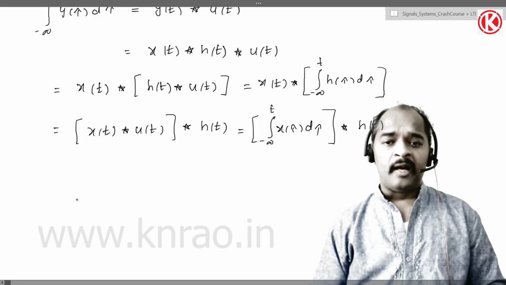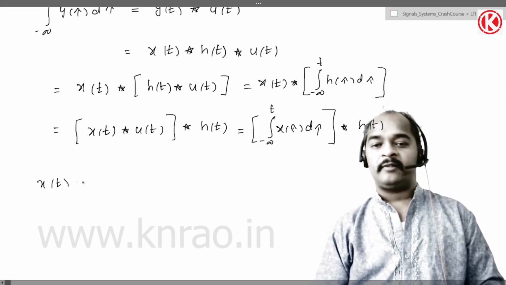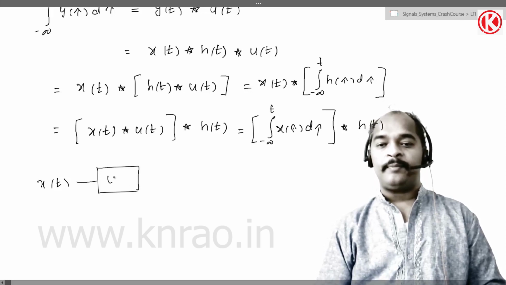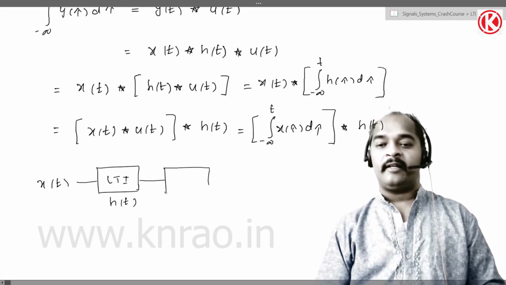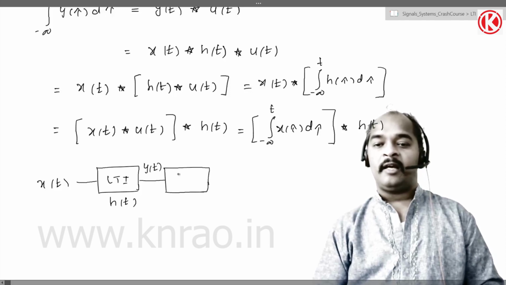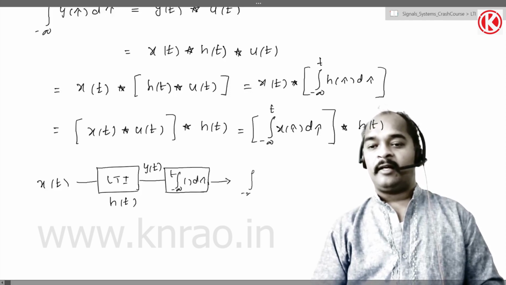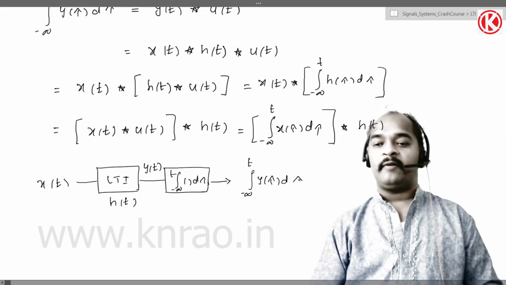In block diagram notation, you have x of t, then an LTI system with impulse response h of t, and the output y of t is passed through an integrator, and we get the integral from minus infinity to t of y of tau d tau as the output.